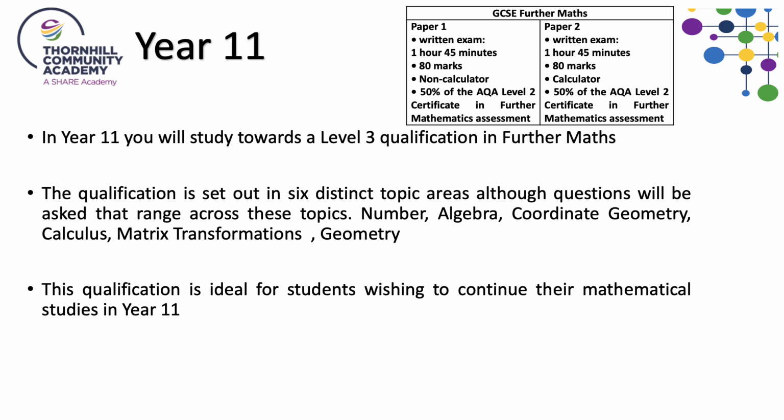Now this in particular is an ideal qualification for students that want to continue their mathematical studies in year 11. So if you have a real drive and focus on studying maths at A level, this is a fantastic qualification that bridges the gap between GCSE and A-level. So it's the start of the A-level content.